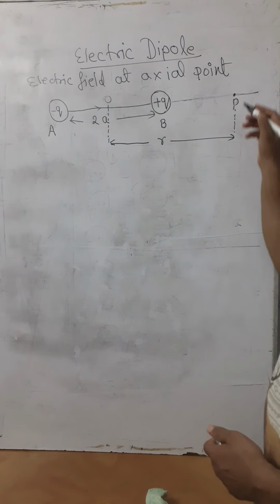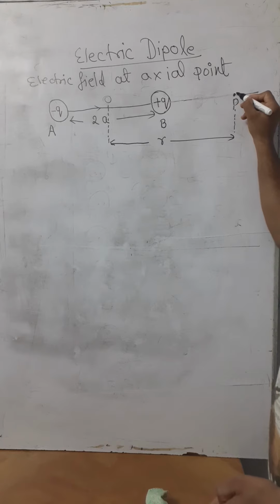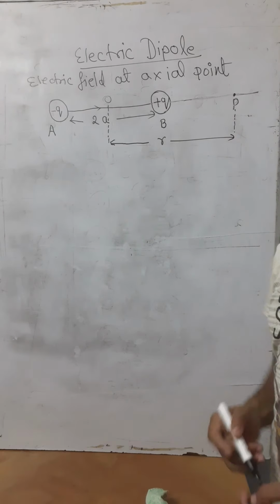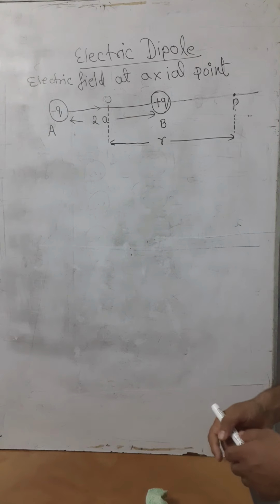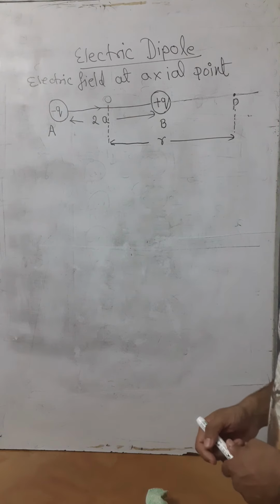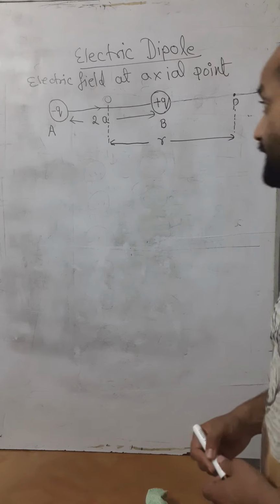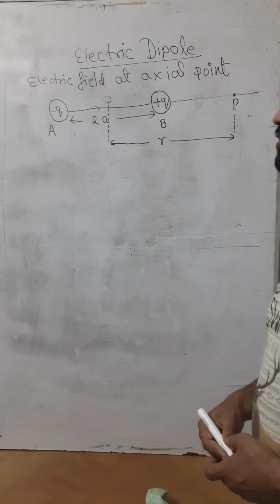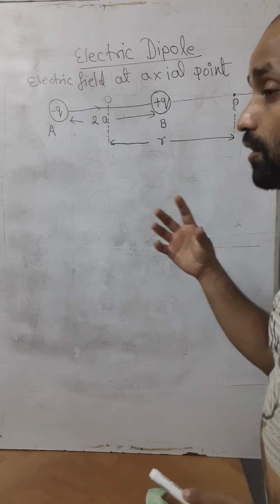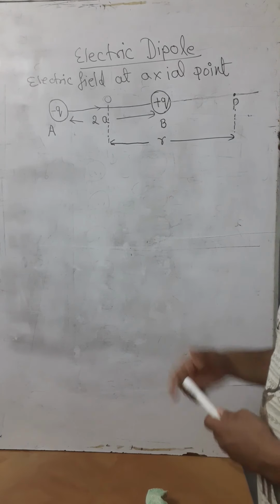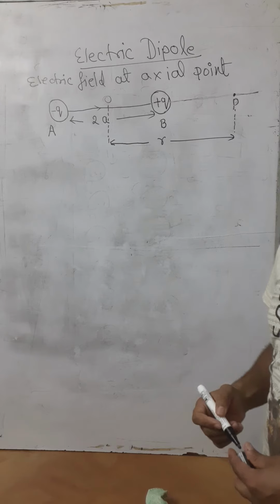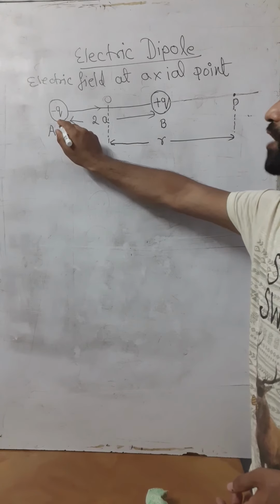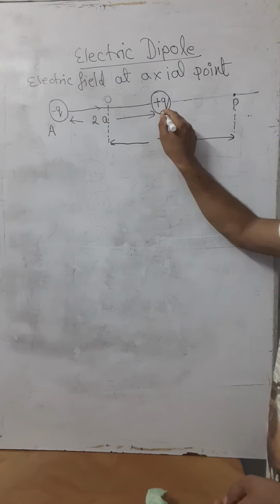Now, what is the electric field here due to this and this, meaning the arrangement? For this, we know the formula of electric field, obviously. But firstly, I want to just pay your attention toward the direction of electric field due to the charge minus q and due to the charge plus q.